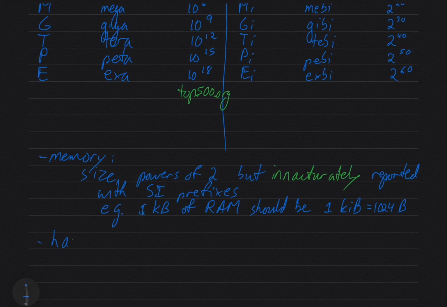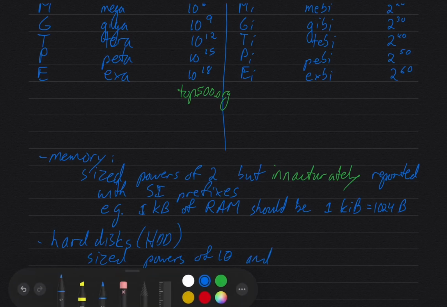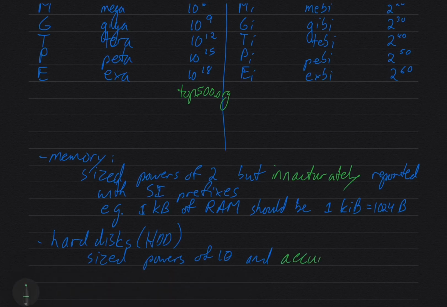But hard disks, I'll just say HDD, they are sized with powers of 10, and put this in green again, accurately reported with SI prefixes.